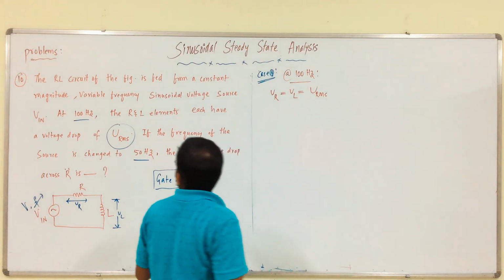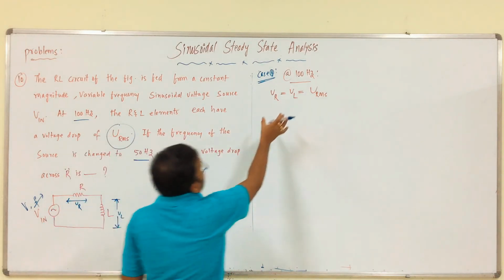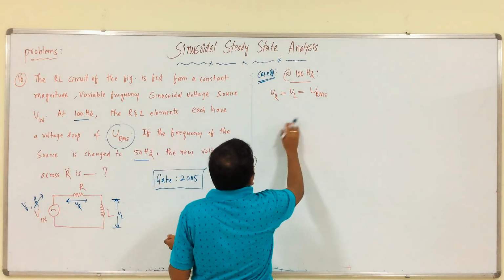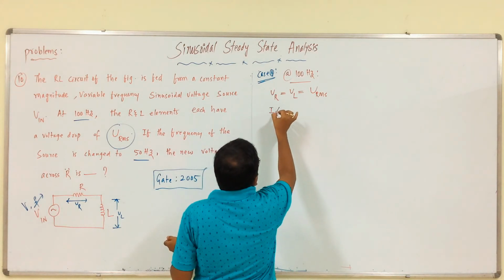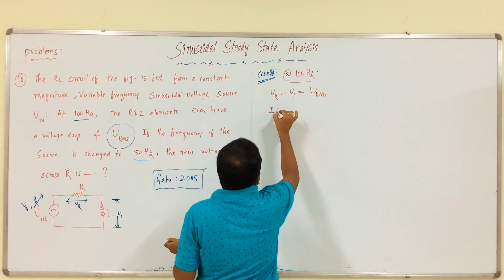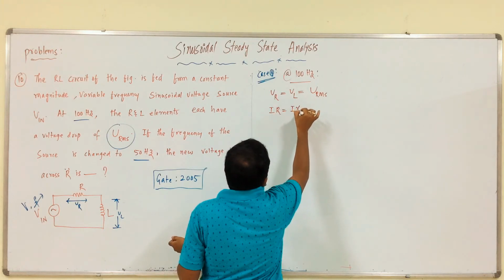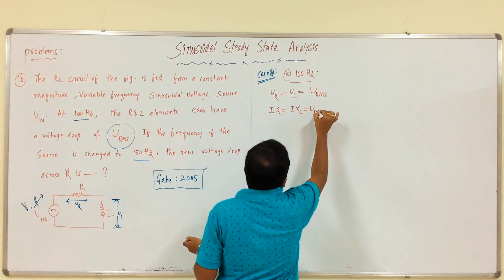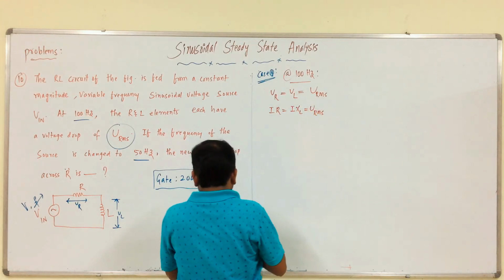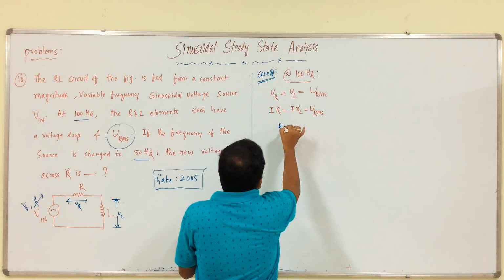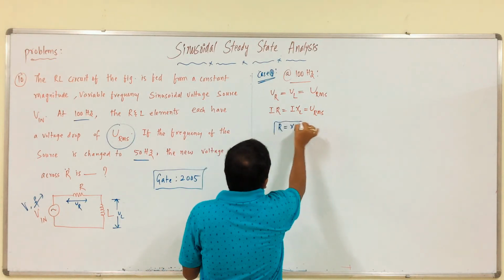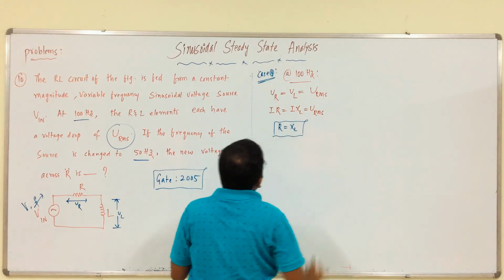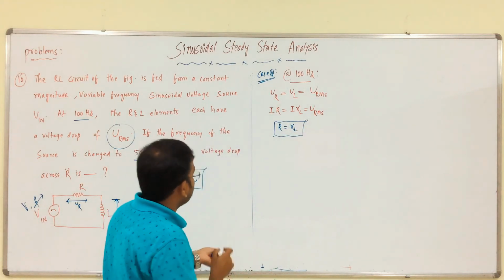He doesn't provide any phase angle. Therefore, Vr equals VL equals URMS, which is nothing but IR or IXL. So from this, R equals XL, as provided in the first statement.